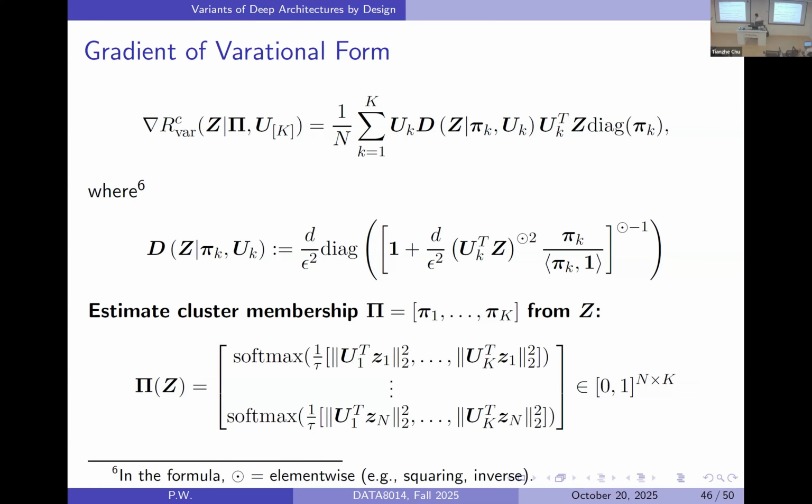Then we project Z_i onto the different subspaces individually. If we project Z_i onto the k-th subspace, we get what?